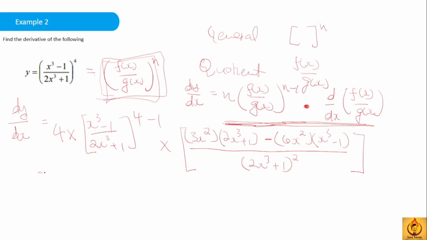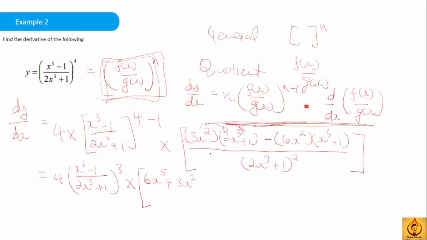This will be equal to 4, right? x cubed minus 1 over 2x cubed plus 1, to the power 3, multiplied by, we simplify, this will be 6x to the power 5 plus 3x squared.